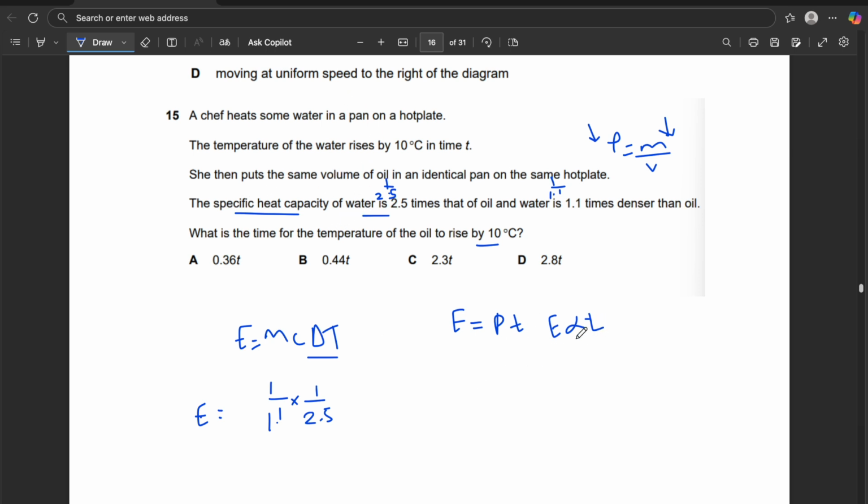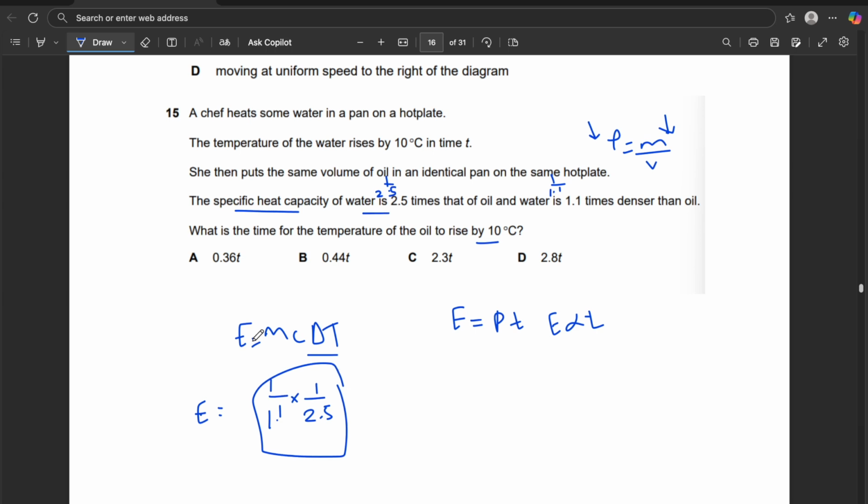Because they're directly proportional to each other, you can just take the value of this. So if you put that in the calculator, 1.1 times 2.5, you will get 0.3636. So it'll be 8.